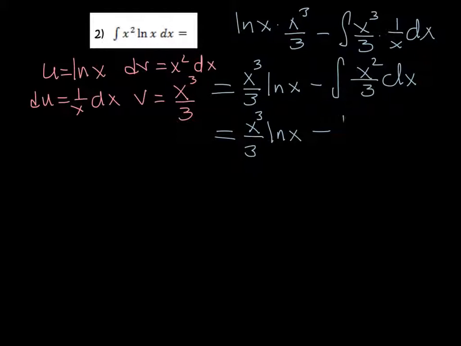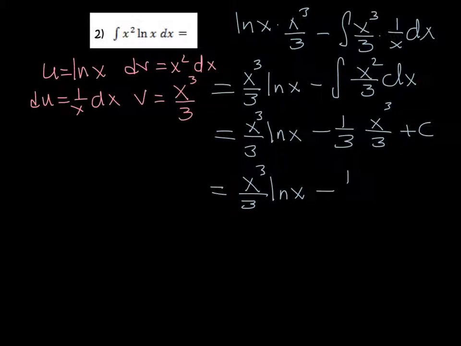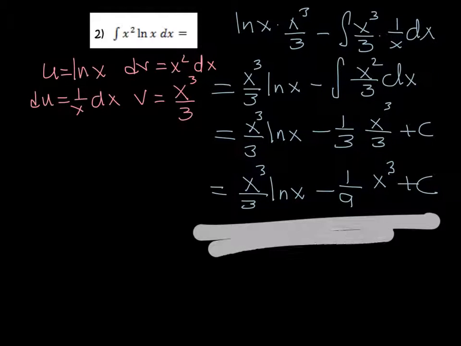So that will be 1/3, and then x cubed over 3 plus the constant. Finally, we obtain x cubed over 3 times natural logarithm of x minus 1 over 9 times x cubed plus the constant. This is an easier exercise, as you can see, because we don't have that many things to do.